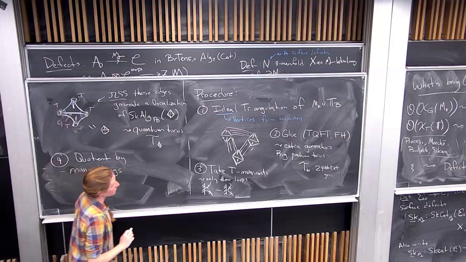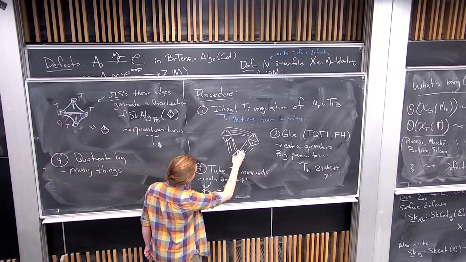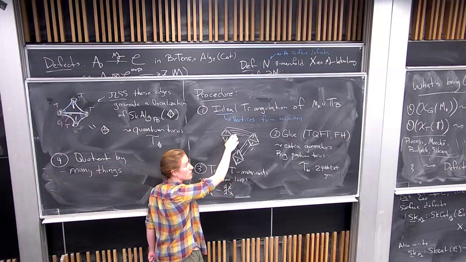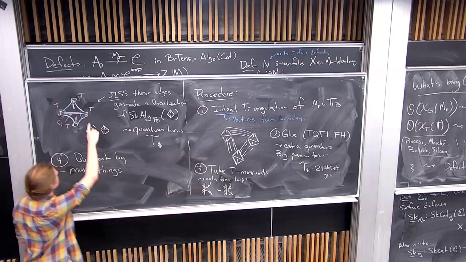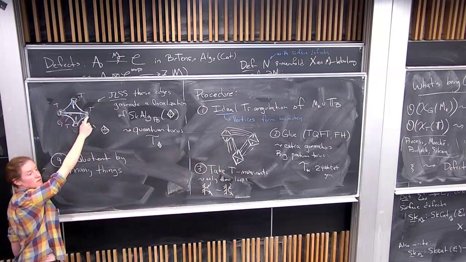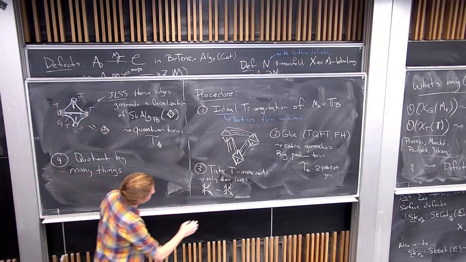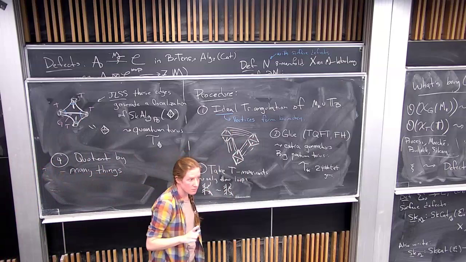Sorts of things I want to quotient by is a thing saying if I glued this face to this face, then this edge becomes this edge. That's one thing I want to do. Another thing I want to do is I want to close up these little holes that I opened. Another thing I want to do is I want to fill in each tetrahedron. That's another part of the quotient.